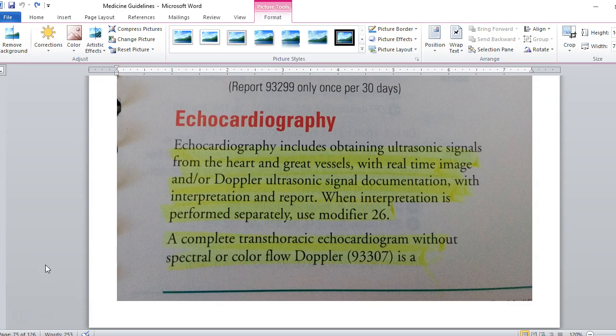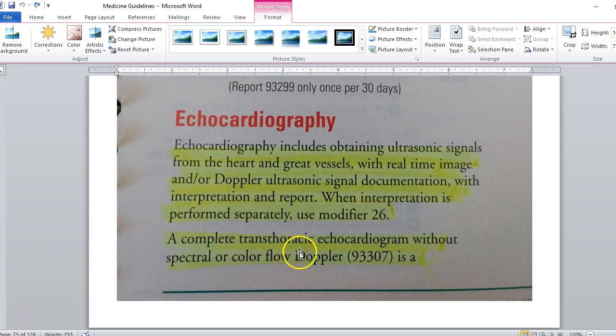So again, like we were talking about earlier, sometimes there's going to be a facility where the patient can go in and get the echocardiogram done, and then a technician, an ultrasound technician, does the echocardiogram, and then at a later date or a different doctor comes in and actually reads and writes the report. That's when we would use just modifier 26. If all of it's happening in the same facility, no modifier 26.